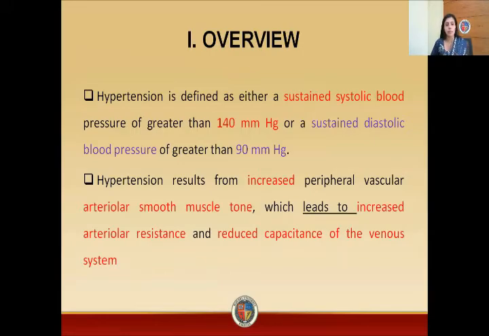Hypertension is a condition in which there is a sustained increase in systolic blood pressure of greater than 140 mm of mercury, or a sustained increase in diastolic blood pressure of greater than 90 mm of mercury. Now, what are the reasons for this hypertension? There is an increase in blood pressure due to increased vascular resistance, due to reduced capacitance of the vessels.